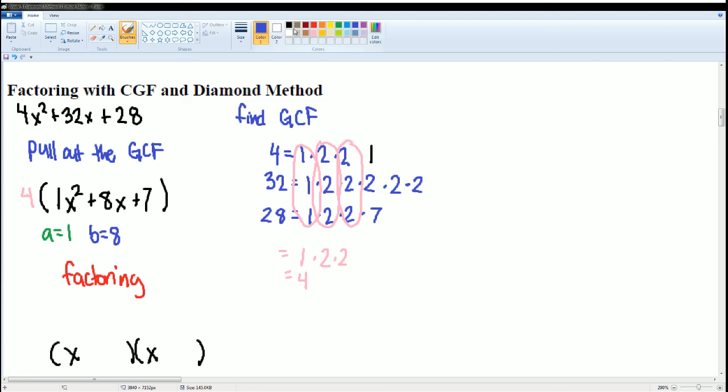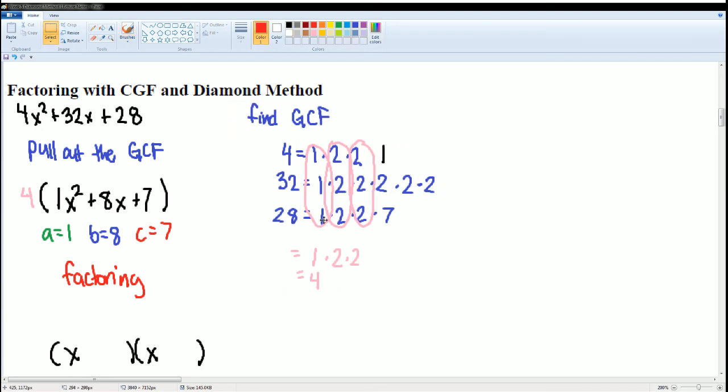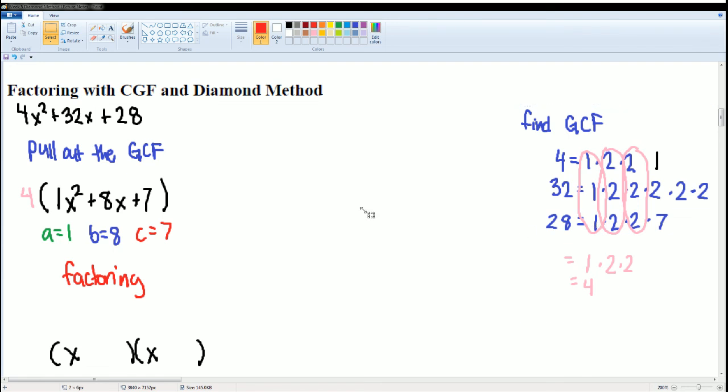And our C term here is going to be 7. Let's set up the diamond method. With the diamond method, 1 times 7 is just going to be 7. And the bottom is just B, which is just 8.